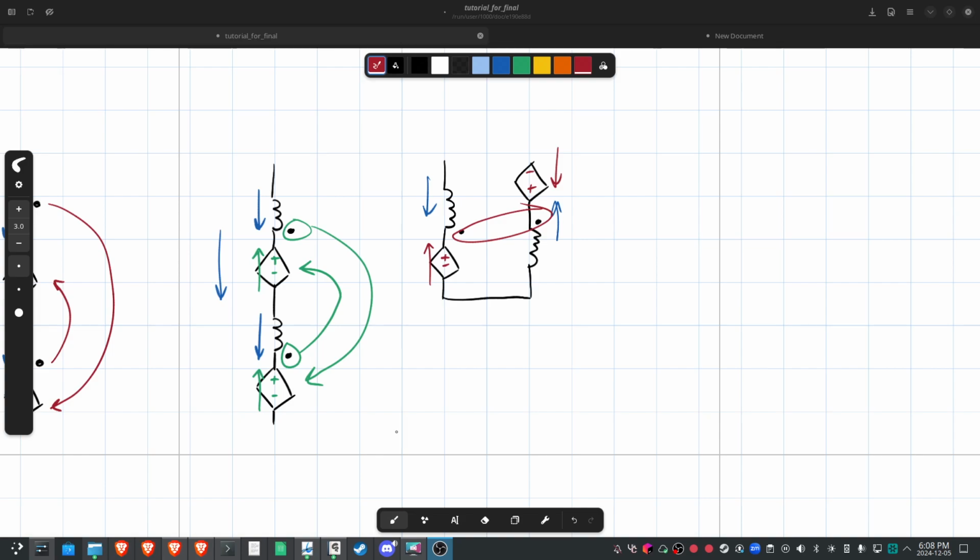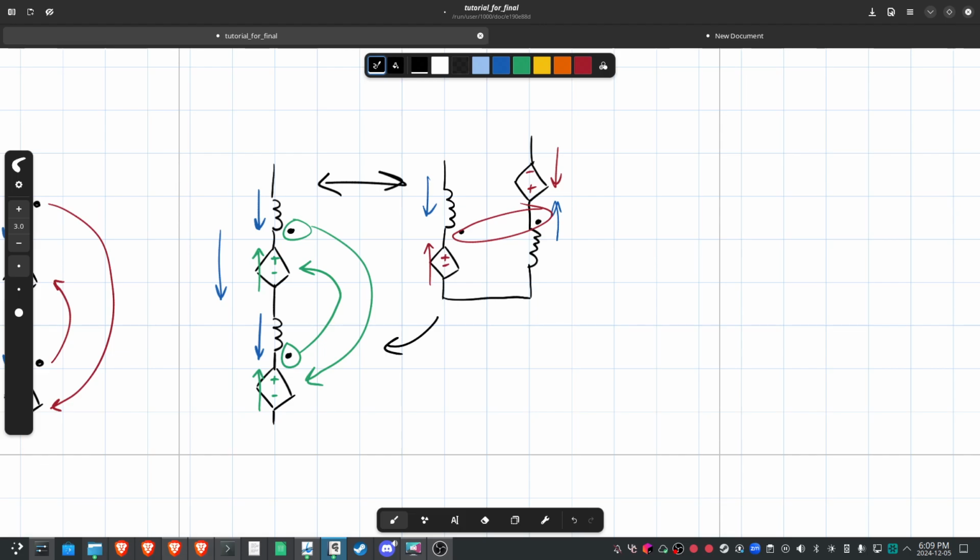Now you'll notice, I'm not too sure why, but you get the opposite aiding or opposing, but you still get the same answer at the end. These are the same circuit. I just bent this one to make a 180-degree turn. And if we unbend this, you're going to get the original linear inductors.